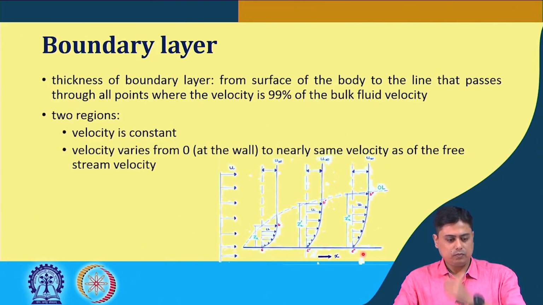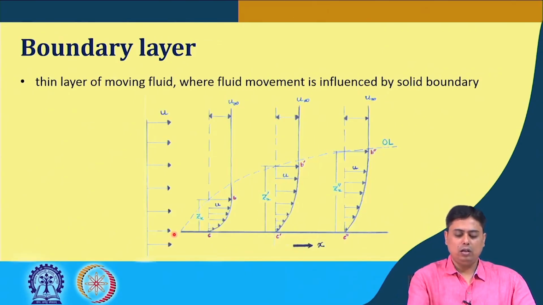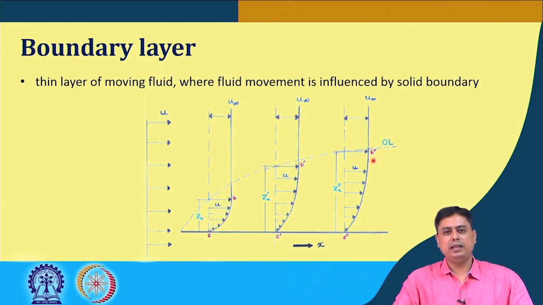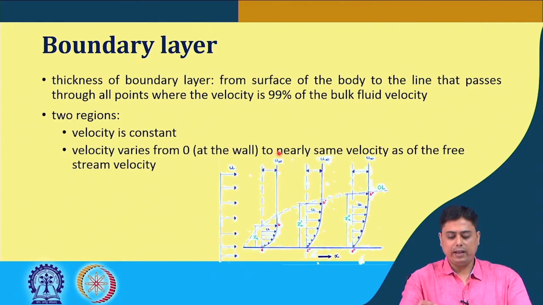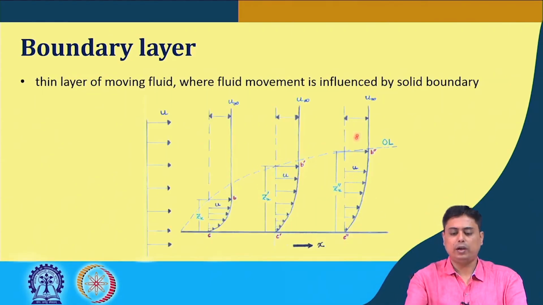So, this imaginary line we call as the boundary layer, and this is the thickness of the boundary layer. Okay. So, this boundary layer divides this fluid flow region into two segments where velocity varies or is influenced by the solid boundary, and the other portion where that is not varying or nearly in fact is constant.